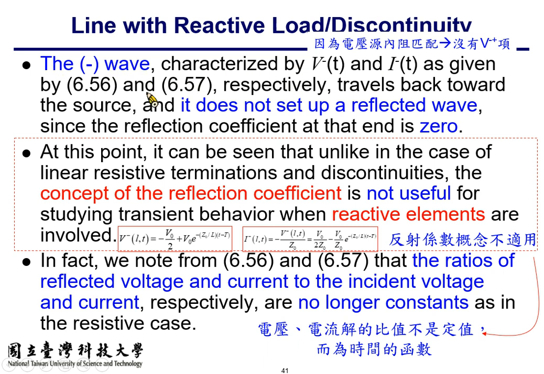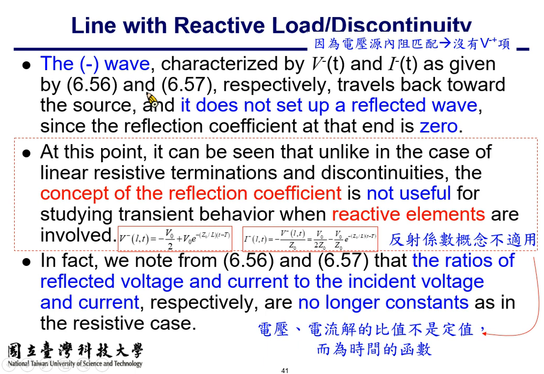So we know that because of the inductive termination, it will set up a V minus and I minus signal going to the left. And they are all time-dependent functions. So what happens when they travel back to the source? Well, nothing happens because on the left-hand side, the battery comes with an inner resistance of Z sub 0, which equals the characteristic impedance of the transmission line.